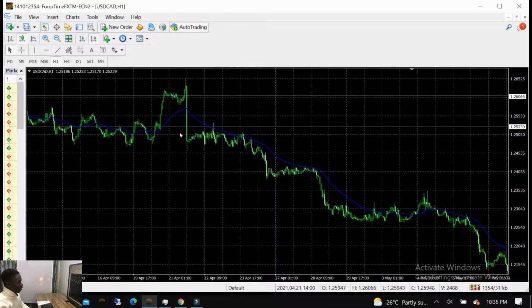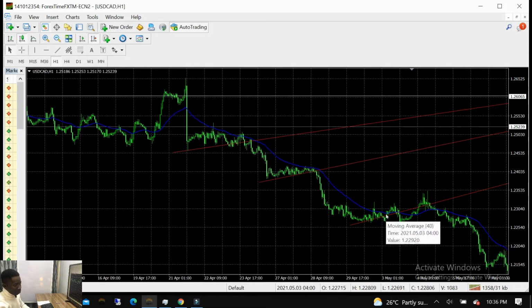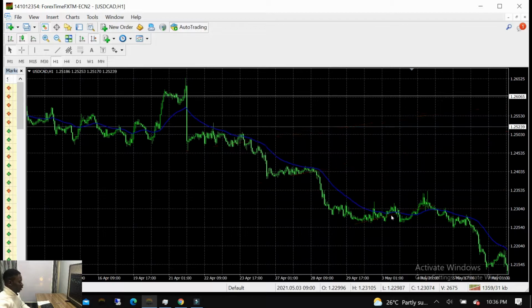You can see this area, the example of a trend. So this area is a correction. This area, you can also call it a correction. Let's say this area too, you can call it a correction. So they are just corrections that exist in an existing trend.